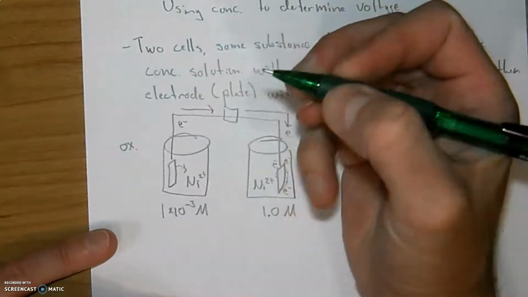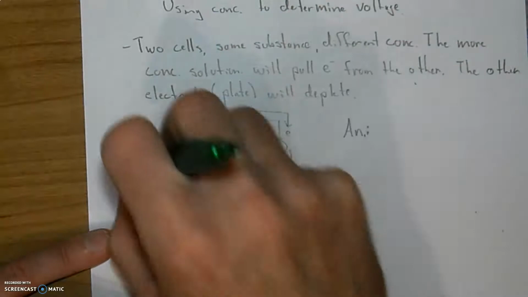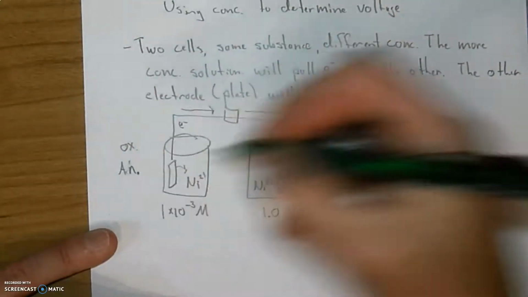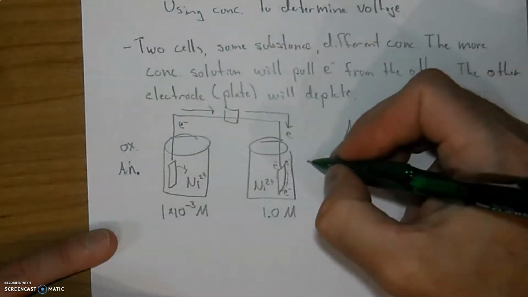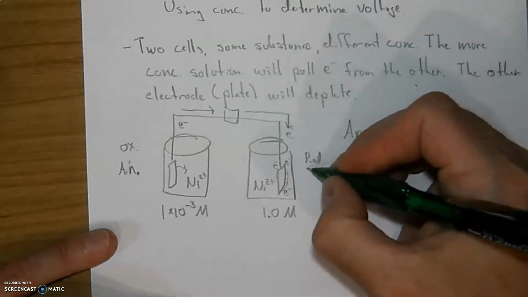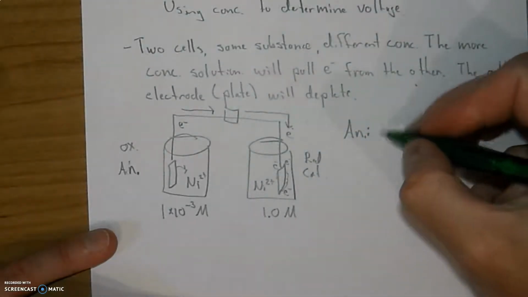This is the side with oxidation, and therefore that is the anode. And therefore this side is going to be reduction because we're gaining electrons. And this, therefore, is going to be the cathode. Okay, so let's continue with this.